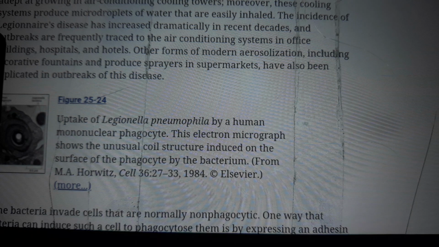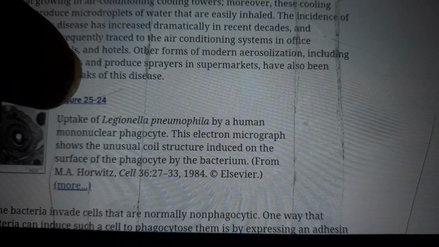The incidence of Legionnaire's disease has increased dramatically in recent decades, and outbreaks are frequently traced to the air conditioning systems in office buildings, hospitals, and hotels. Other forms of modern aerosolization, including decorative fountains and produce sprayers in supermarkets, have also been implicated in outbreaks of this disease.